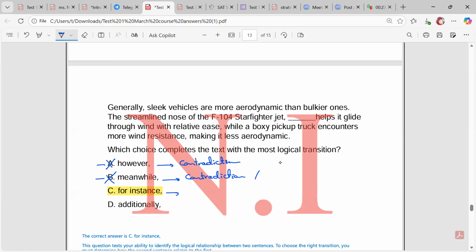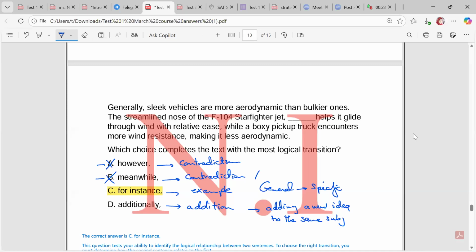For example, giving an example, moving from general to specific. And additionally is addition. Addition means you're adding a new idea to the same subject.